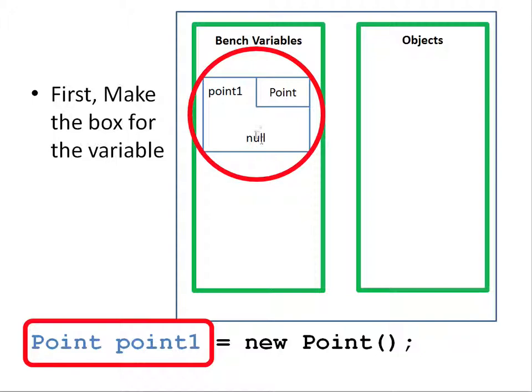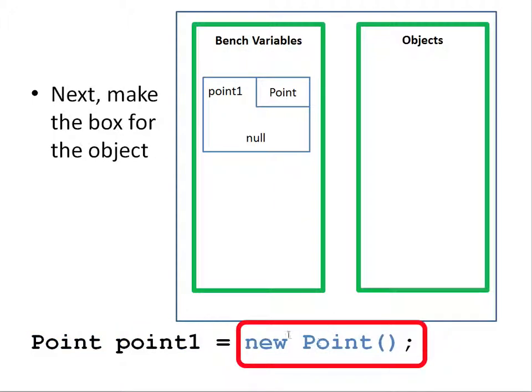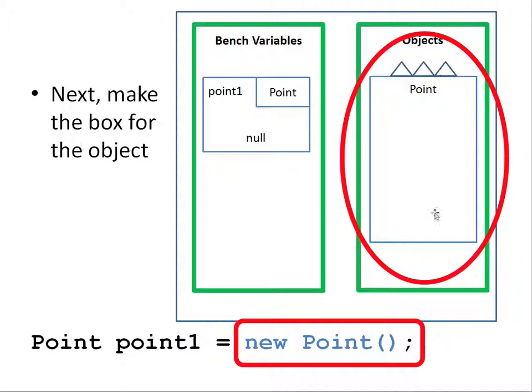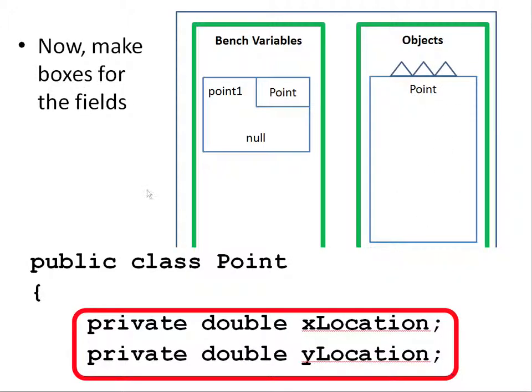Initially, the default value for an object is null, so we're just going to leave it like that for an object variable. Okay, next we want to make a box in this objects area for our new point. So there it is. I just made a box with a crown on it, labeled it point. The next thing we need to do is make boxes for all the fields that are in a point object.